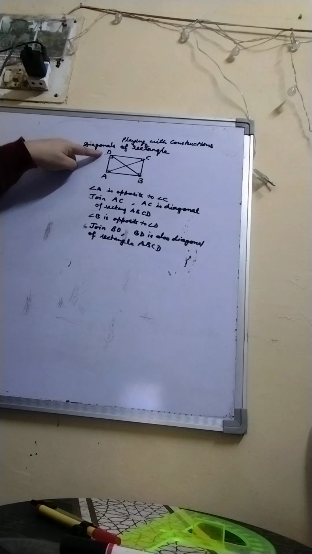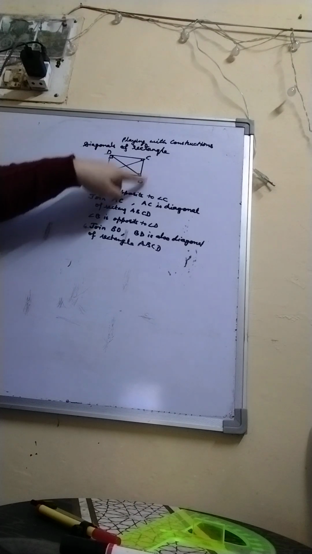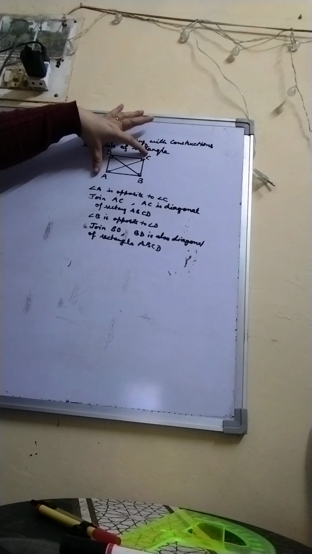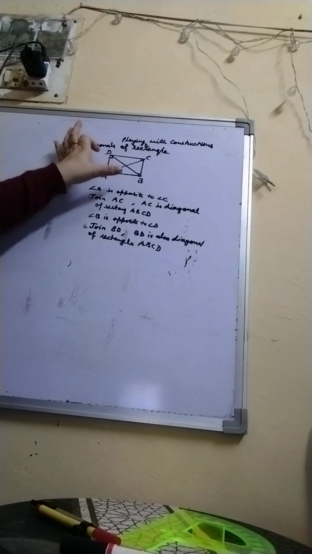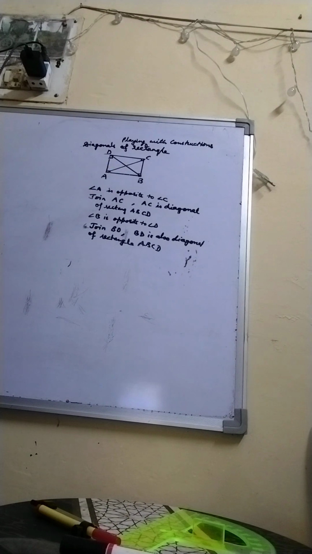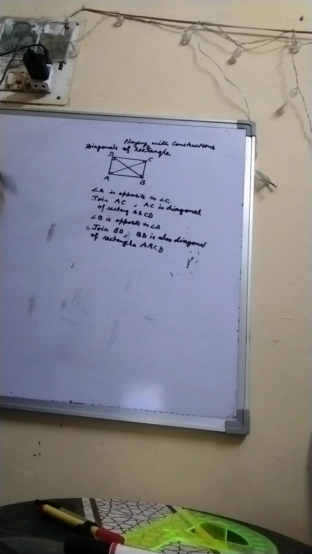If I say A and D are not opposite, A and B are not opposite, B and C are not opposite. So the lines joining the opposite angles of the rectangle are its diagonals. So there are two diagonals, AC and BD.